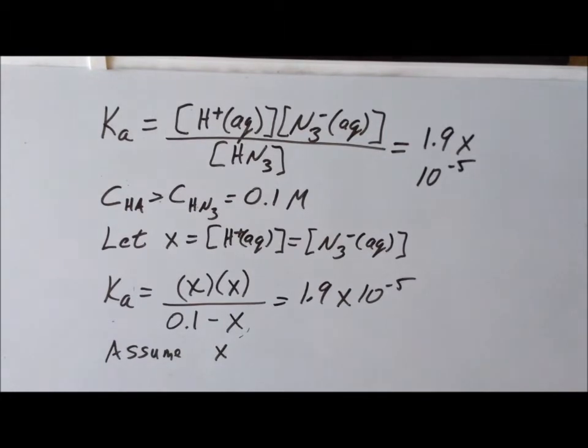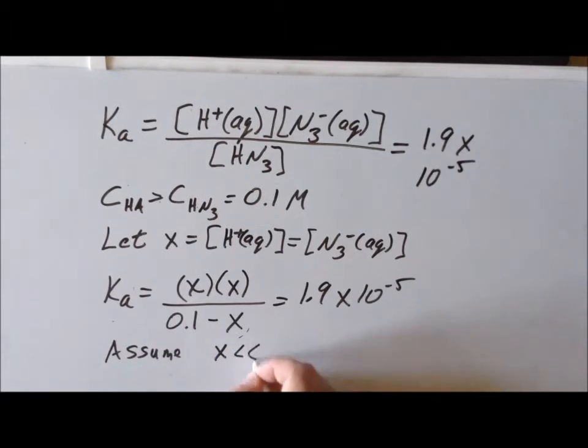So since we are going to assume that X is very, very small compared to 0.1, we can essentially approximate 0.1 minus X as just 0.1.